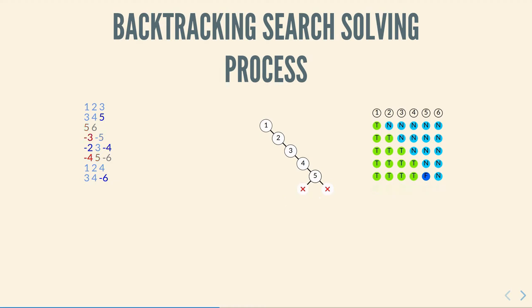So we know that if we go 1, 2, 3, 4, and then we assign 5 to be false, we get a contradiction either way on 6. So we have now a double contradiction on 5. If we assign it true or false, it will result in a contradiction either way we go. So we backtrack yet again, and then make a different choice.